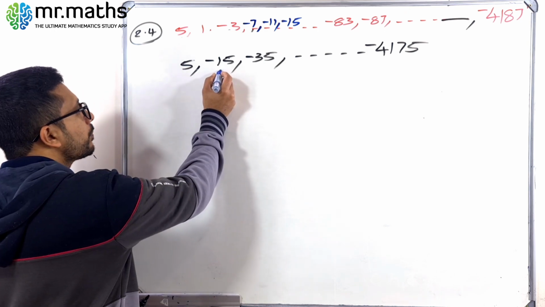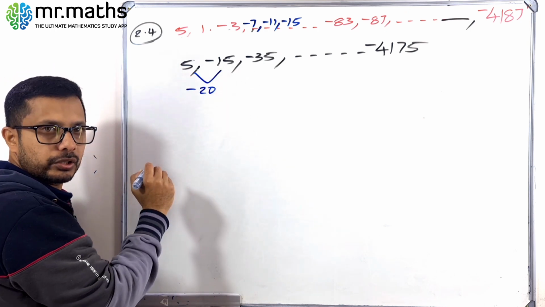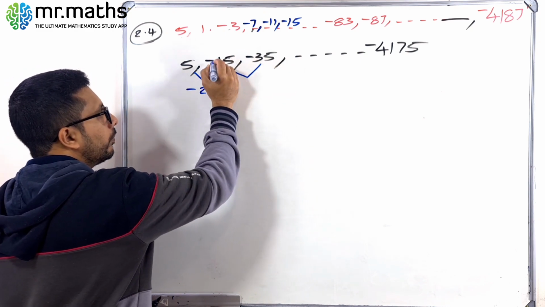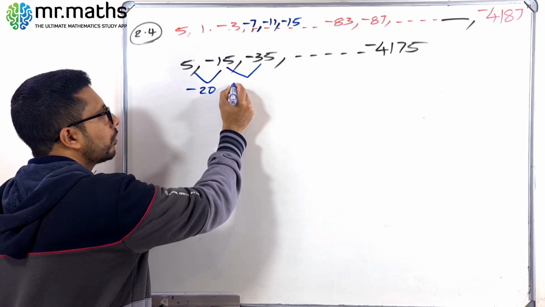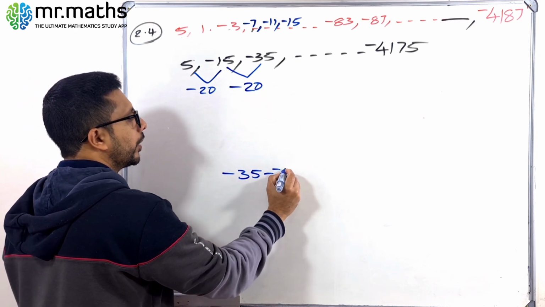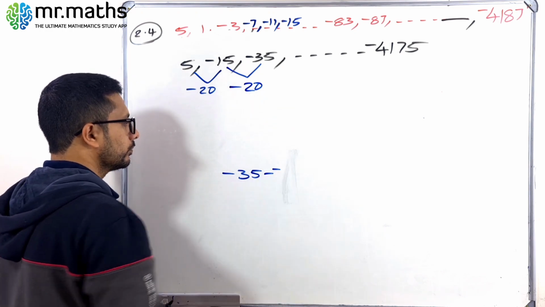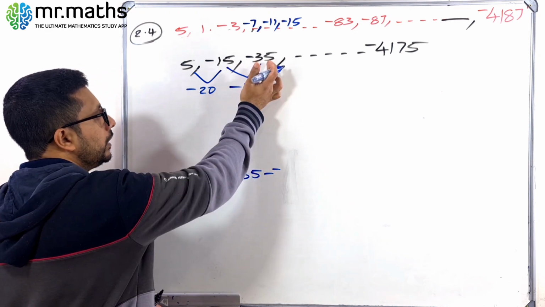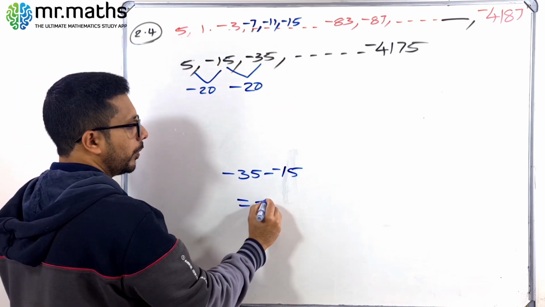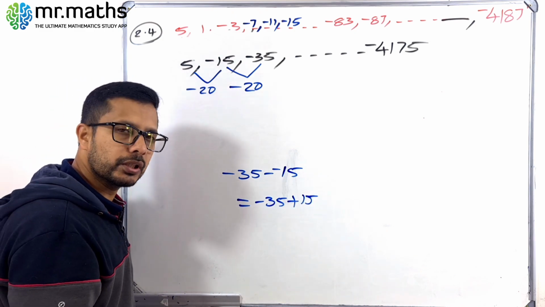Okay, what is minus 15 minus 5? Minus 20. Check in your calculator. Okay, minus 35 minus 15, T3 minus T2. There also it is minus 20, so minus 35 plus 15 is minus 20, or you can use your calculator.